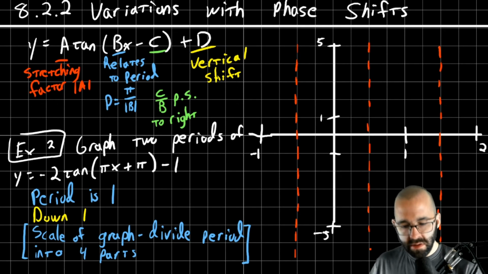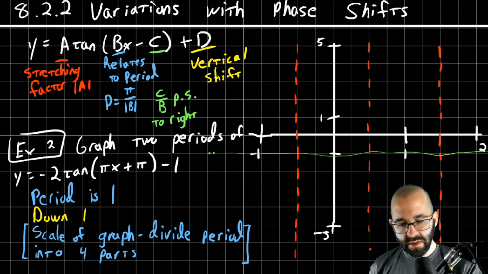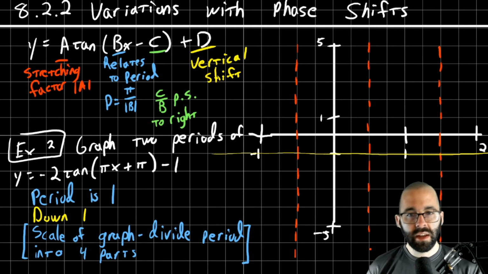And the middle, if you will, of this graph, when you think about this middle, is this green line down here, y equals -1. And in fact, it might be even better. Let's think of that middle as yellow, because yellow is the vertical shift, and yellow is what has to do with our middle.